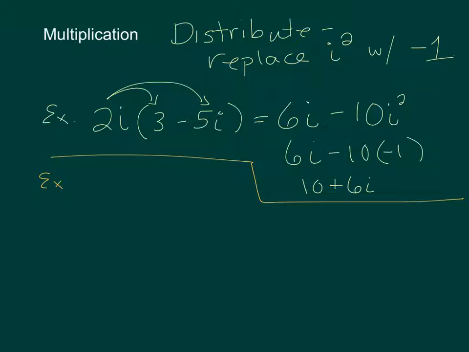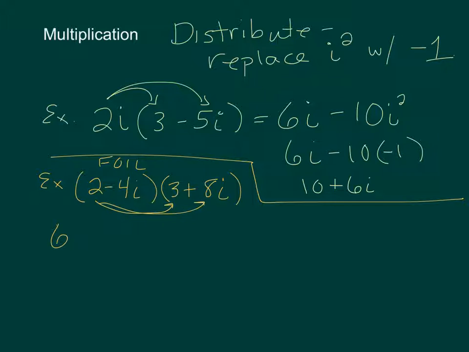If I want to multiply two complex numbers that are both binomials, 2 minus 4i times 3 plus 8i, for example, then we're going to do what you probably want to do, which is FOIL. So we're going to start by distributing the 2 through, and we'll get 6 minus 16i. That's the firsts and the outsides.